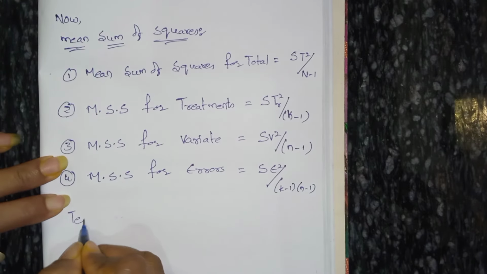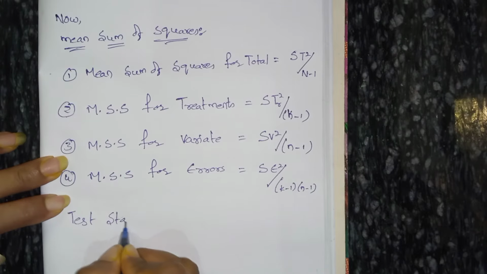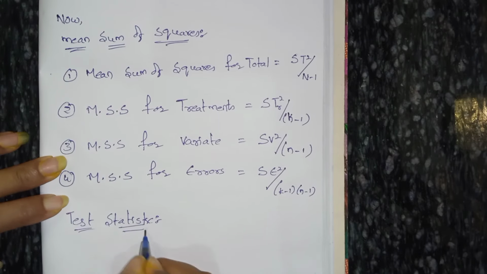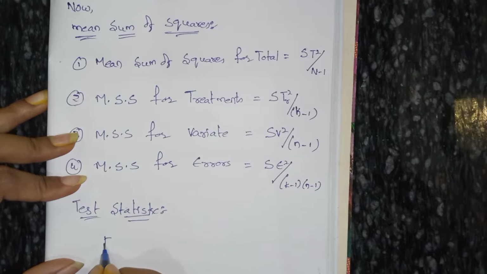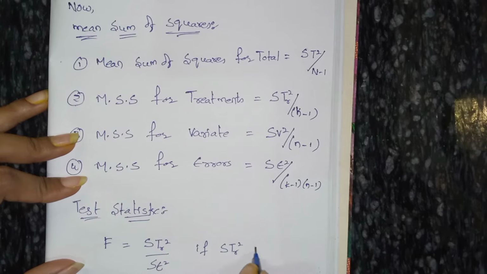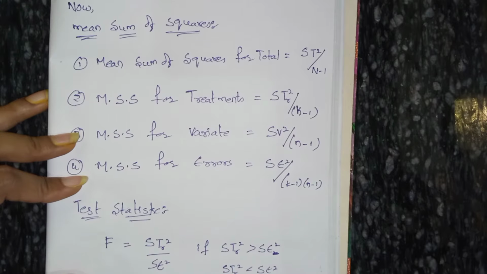Now test statistic. F calculated equals STR squared by SE square if STR square is greater than SE square. Otherwise, if STR square is less than SE square, what will you write here?